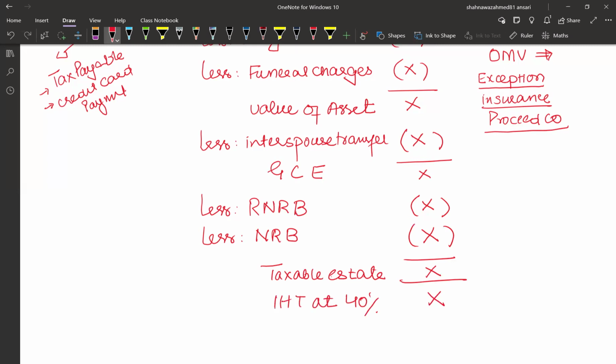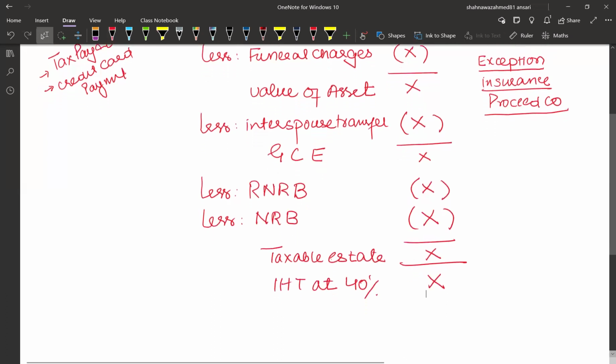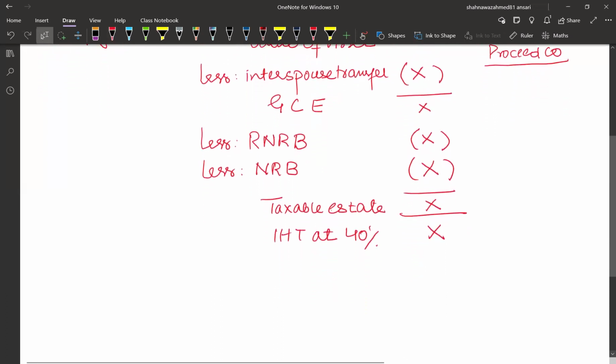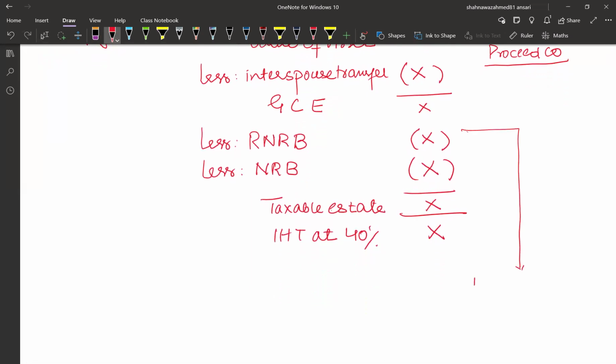Now, how about RNRB? In order to claim RNRB, there must be a residential property, a residential house. And the residential house must be given to a direct descendant. Who will be a direct descendant?